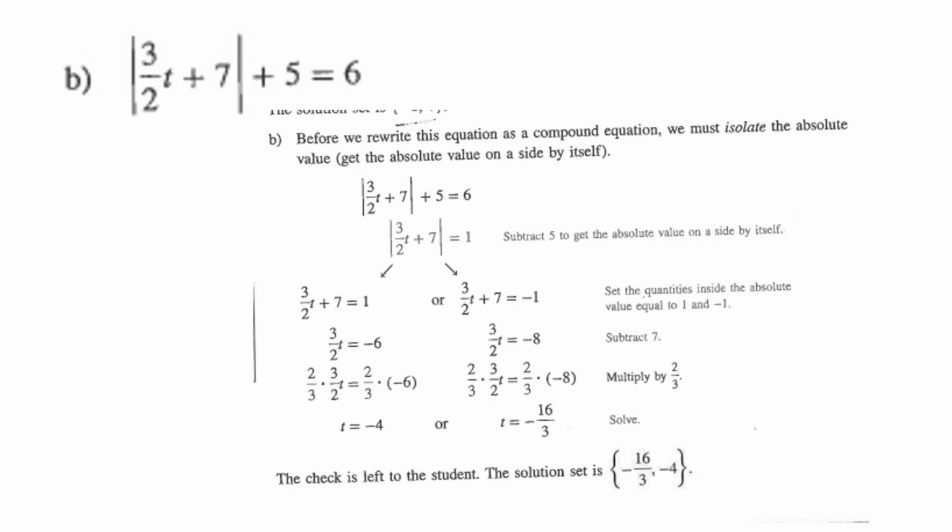Or we could have had 3/2 t + 7 = -1, and then 3/2 t is equal to -8. In this case, t would be -16/3. So there are two answers for this problem. t could be -4, or t could be -16/3.